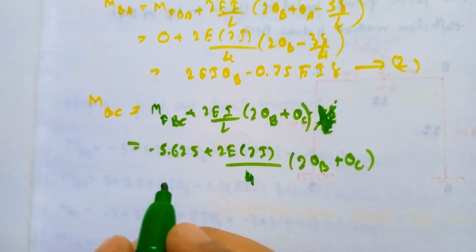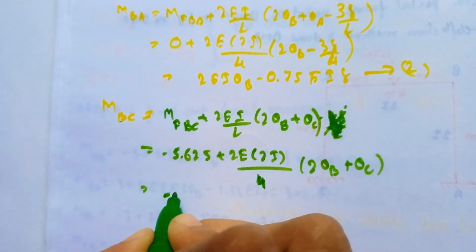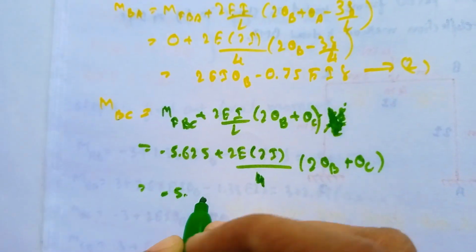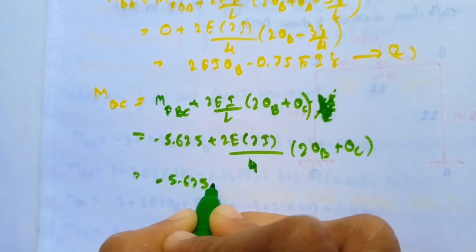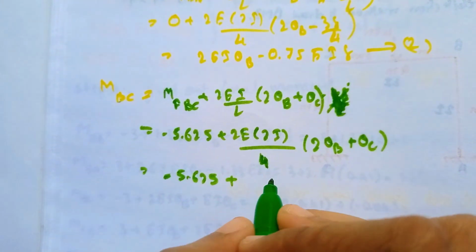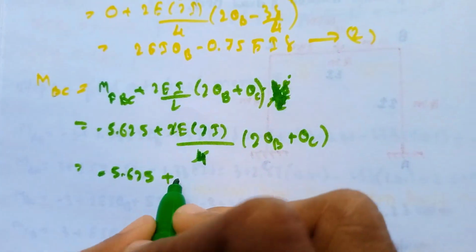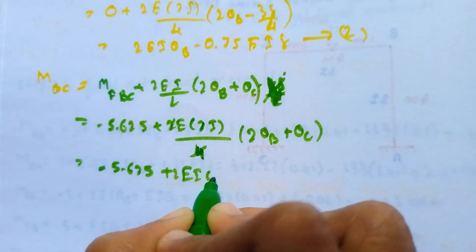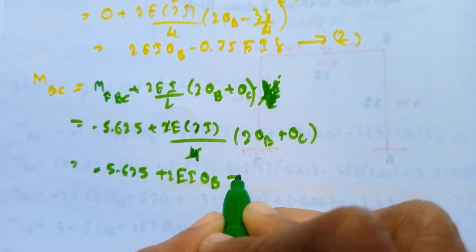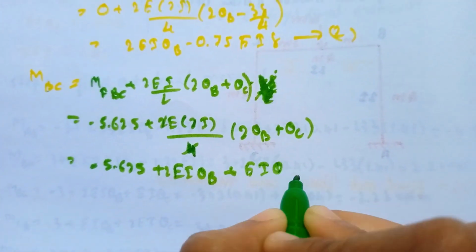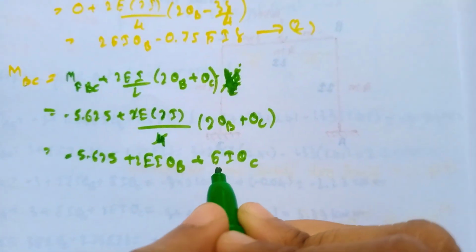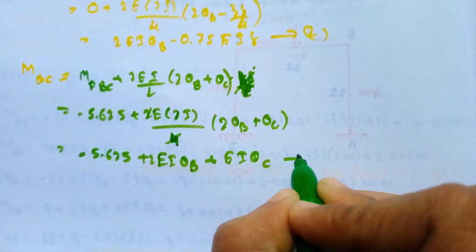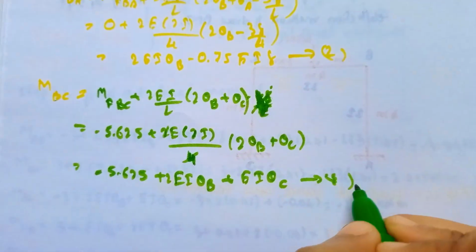Theta C also has some value, keep it as it is. Simplify it: minus 5.625 plus, 2 into 2 over 4 gets cancelled. Remaining is 2EI theta B plus EI theta C. This is the simplified version. Call it equation number 3.